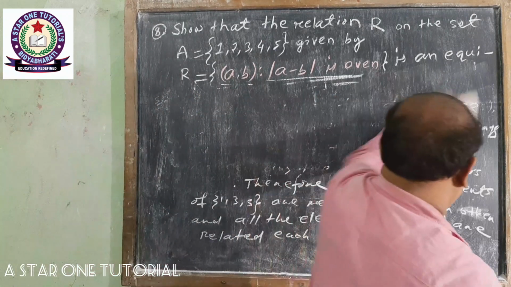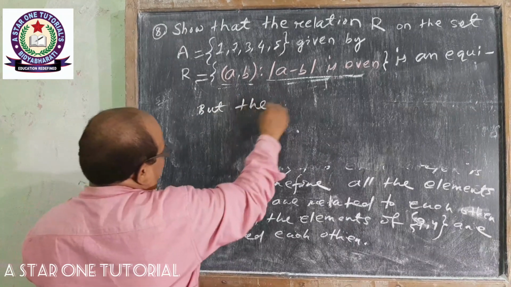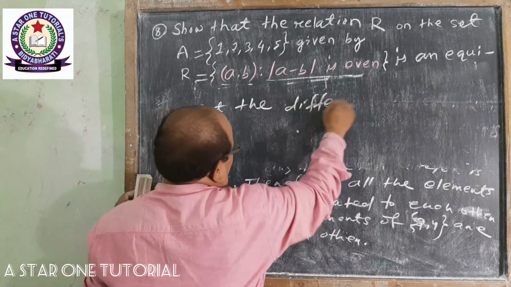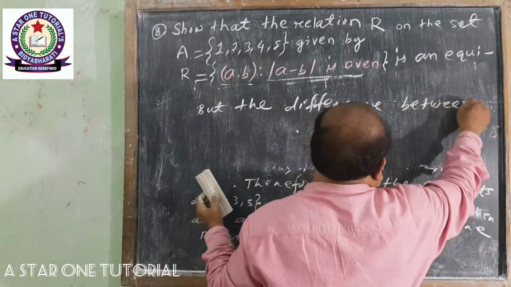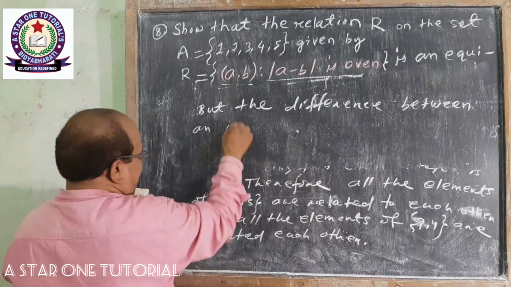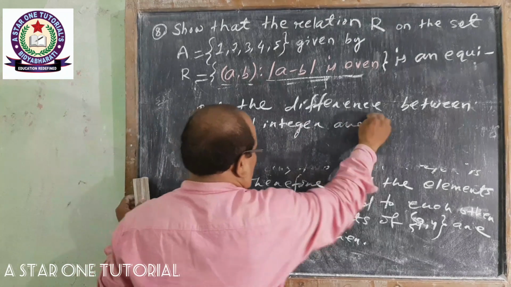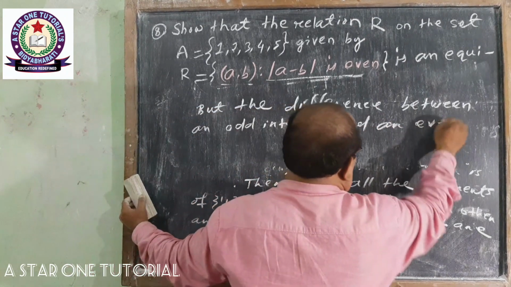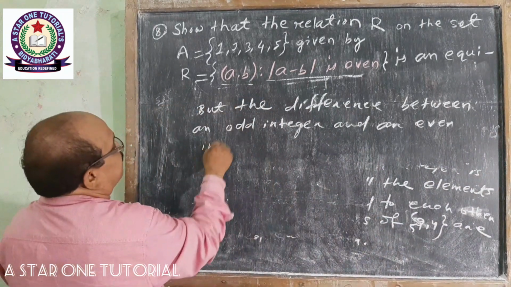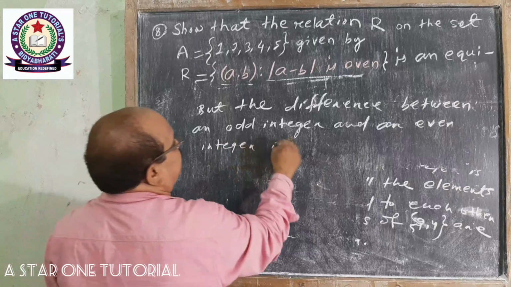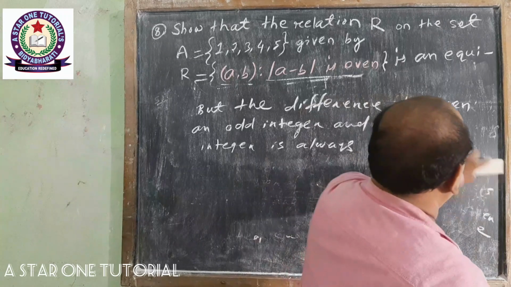Okay. But the difference between an odd integer and an even integer is always odd.